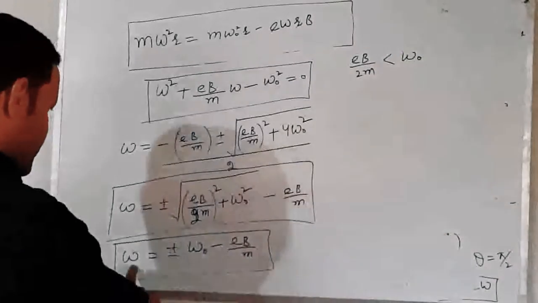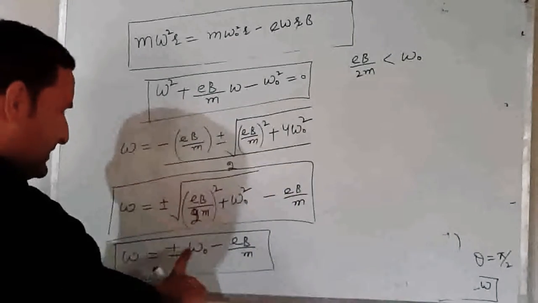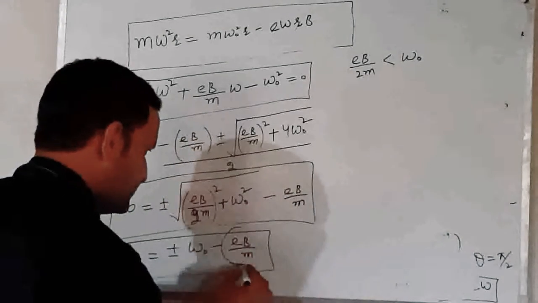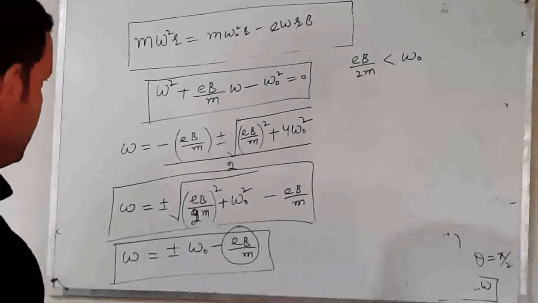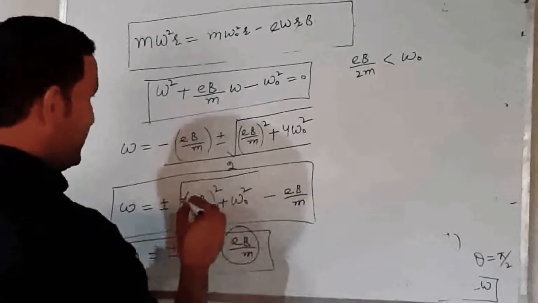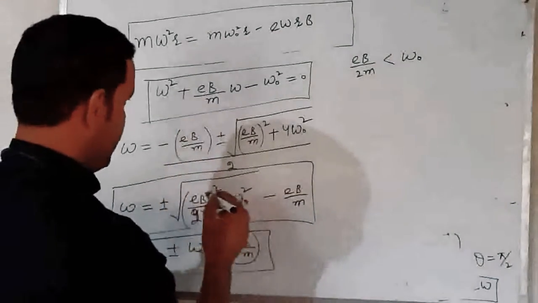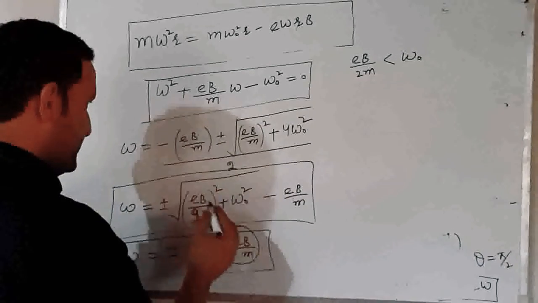Here you see there is an additional term, eB upon 2m.